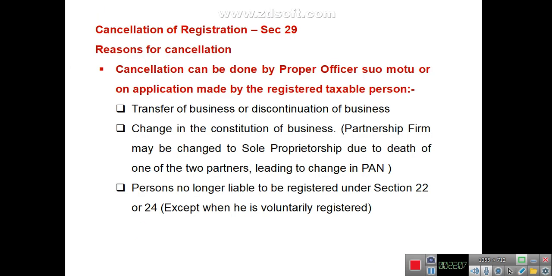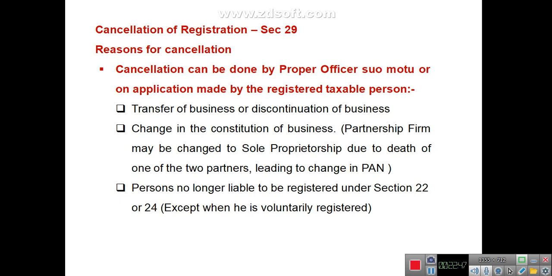In case of cancellation of registration under section 29, cancellation can be done by the proper officer or by the applicant. First we'll discuss cancellation done by the proper officer suo motu or on application made by the registered taxable person. In case of transfer or discontinuation of business, the registered person may apply for cancellation of registration under GST.